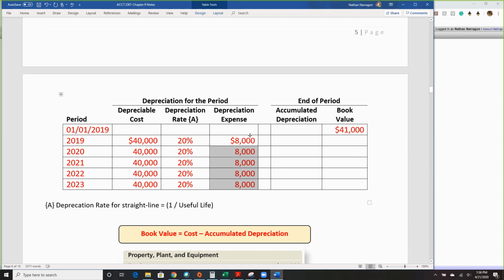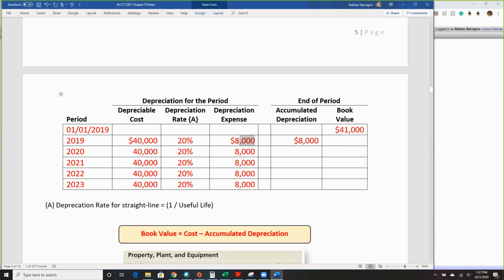We would do it based on depreciation expense. But for accumulated depreciation, to know the balance, take your depreciation expense and add it to the prior line. But since there's 0 here, it will be just $8,000.